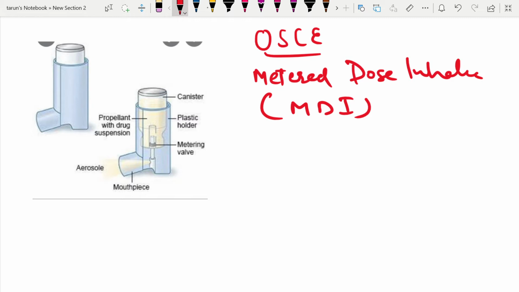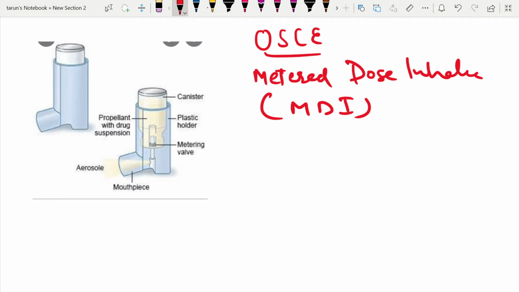They also deliver corticosteroids like beclomethasone, budesonide, fluticasone, and anticholinergic drugs like ipratropium bromide, or sometimes the mast cell stabilizer sodium cromoglycate, in aerosol form, which is the preferred mode of treatment for obstructive airway disease.